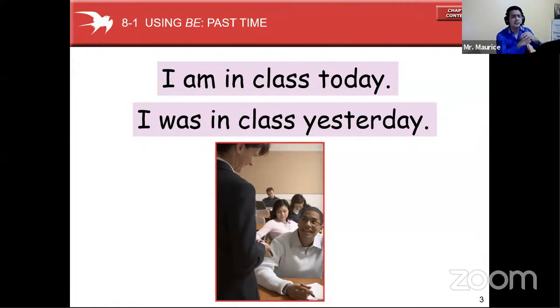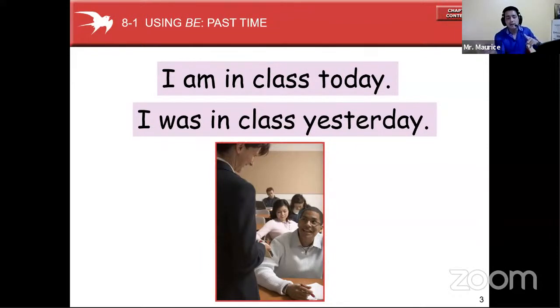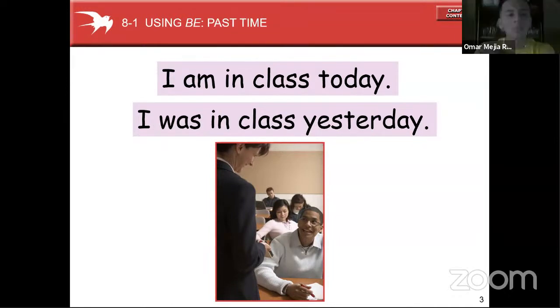Can you see the verb to be in sentence number 1 and in sentence number 2? There is something else quite important in both sentences. In sentence number 1, we have the word today, and in sentence number 2, we have the word yesterday. Can you see those words? Verb to be and time clause.